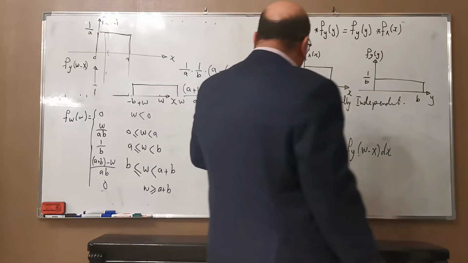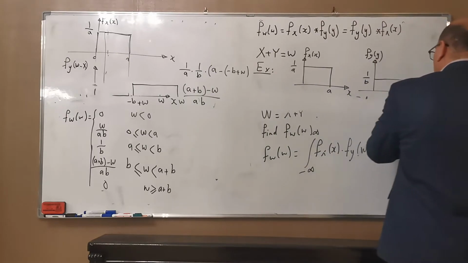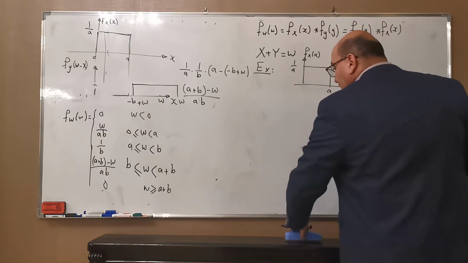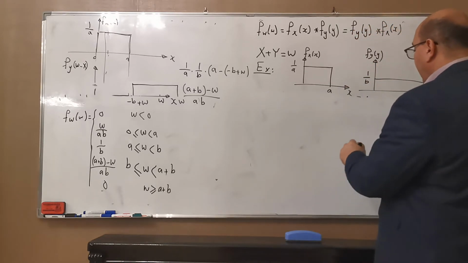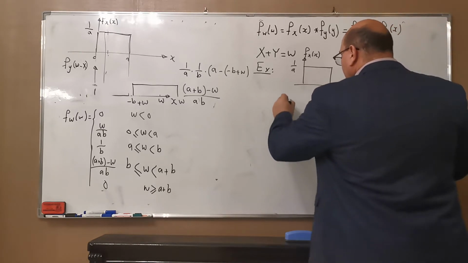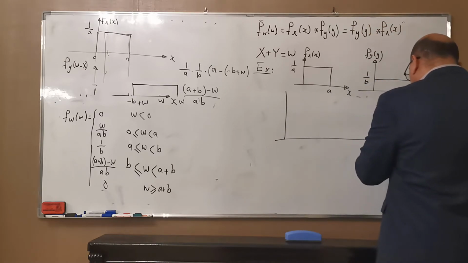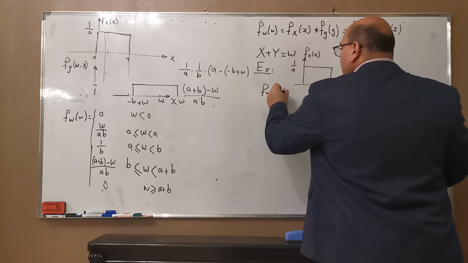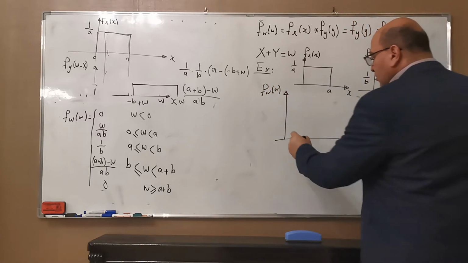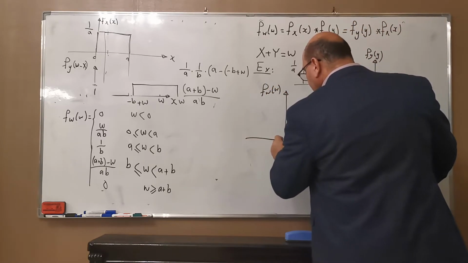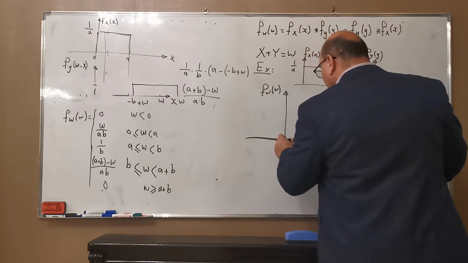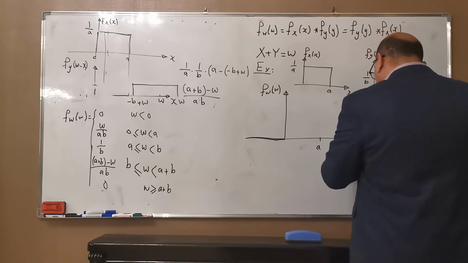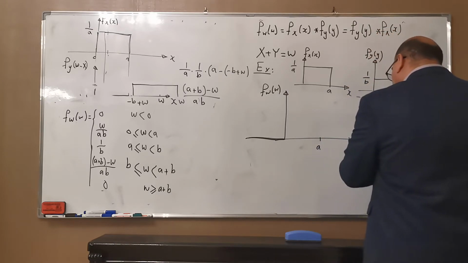So the end result of this, the addition of those two, the density function, is a trapezoid, and this trapezoid has the shape as a function of w: 0 below 0, then you have up to a, b, and a plus b.